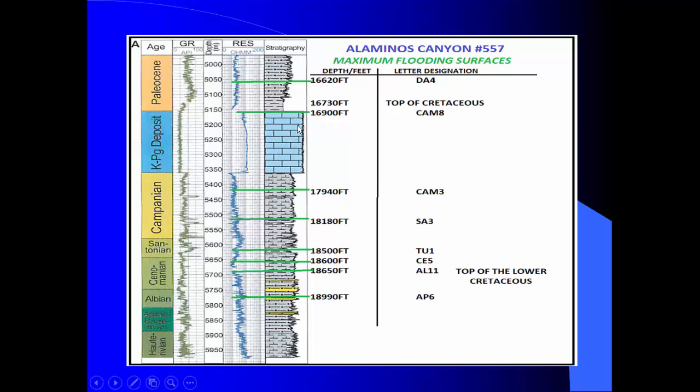Anyway, there's about 600 feet of sediments, these are meters, assigned to the Chicxulub deposit. And then we have other maximum flooding surfaces here in the Campanian, Santonian, Cenomanian and Albian. We're not able to recognize both in here, and we didn't have any fossils in there.